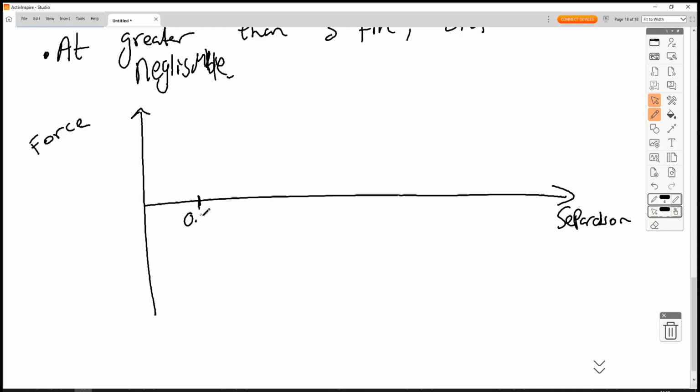So here we've got 0.5 femtometers. Over here we'll do 3 femtometers. And we'll label the two sides of our y-axis with descriptors. So if it's above, this is repulsive. And if it's below, it's attractive.